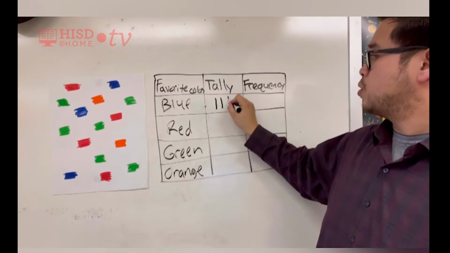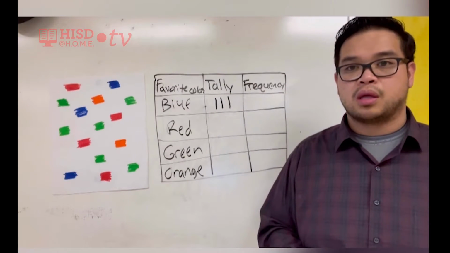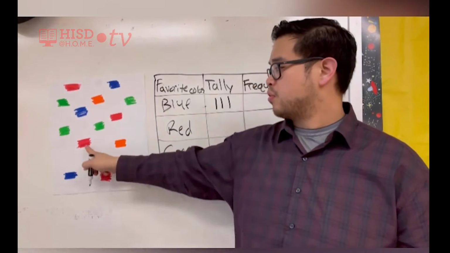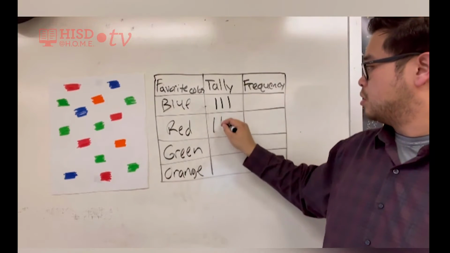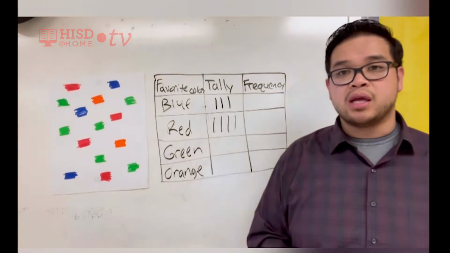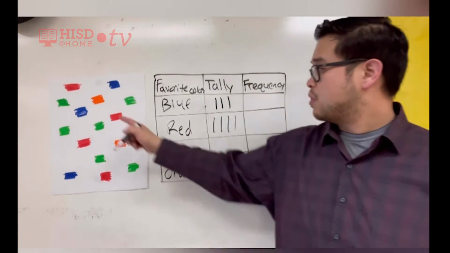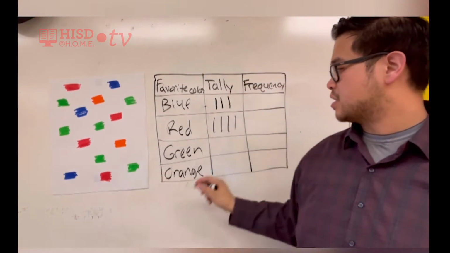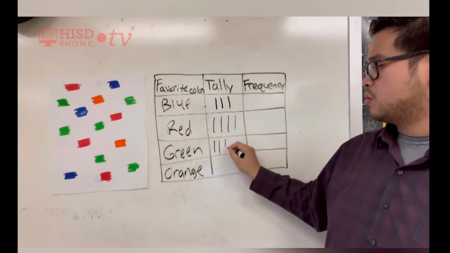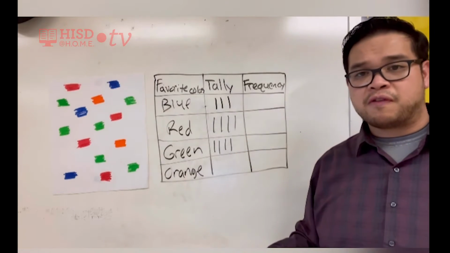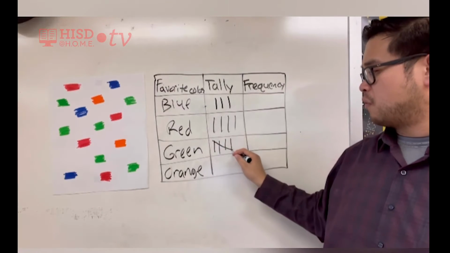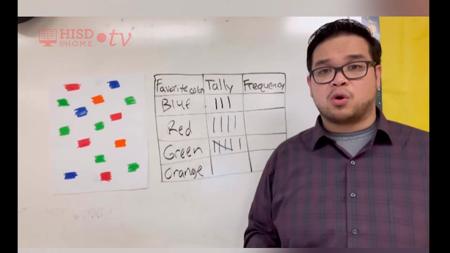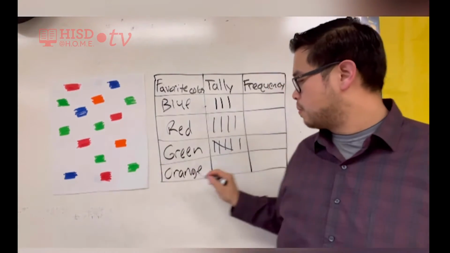Now let's see how many reds do we have. 1, 2, 3, 4. Okay, now let's see how many greens we have. 1, 2, 3, 4, 5, 6. And remember, when we do the 5th tally mark, we cross out the 4s to make 5, and now we have our 6. Now let's count the oranges. 1, 2.